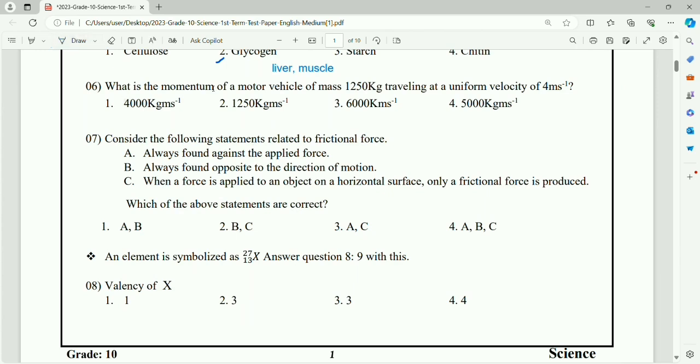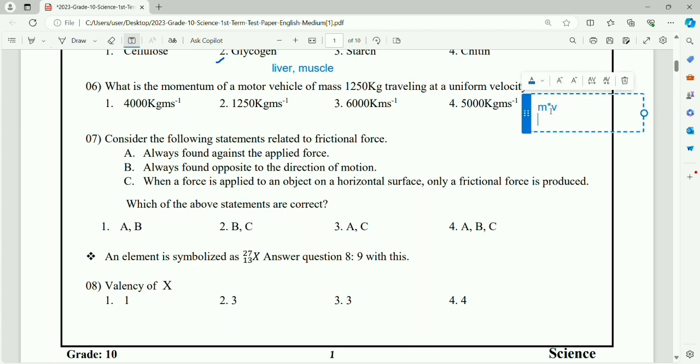What is momentum? Here you see M. There is a significant difference between momentum and moment. Momentum is equal to mass into velocity.